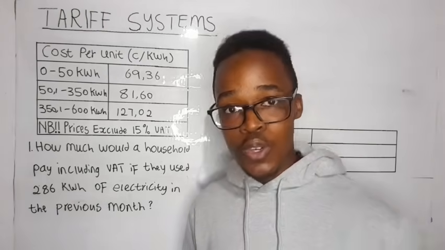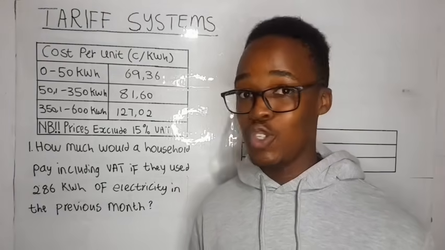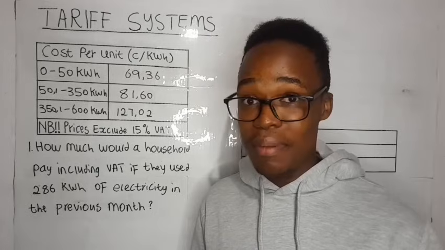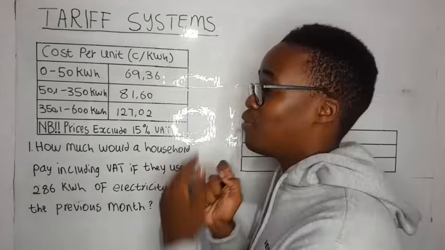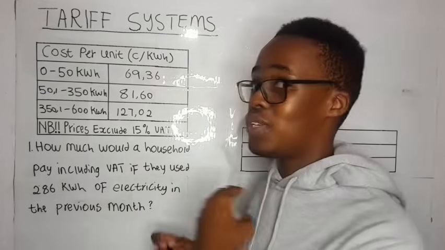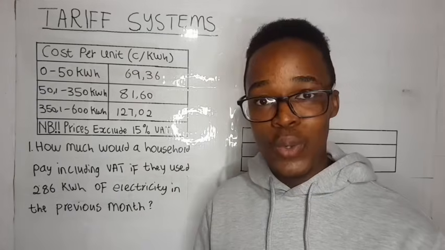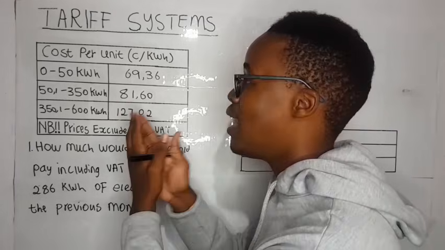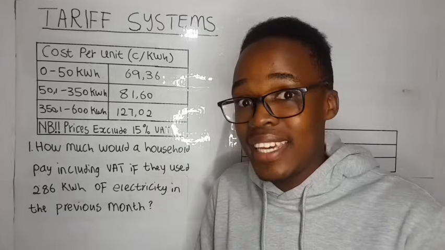First of all, the first thing that you should do as a grade 12 learner, when you encounter a question paper about tariffs, is to go through the tariff table and make sure that you understand each and every piece of information on the table and you don't miss anything.